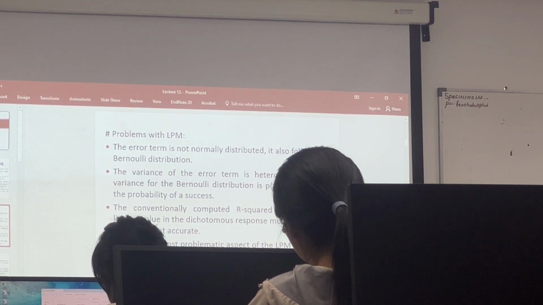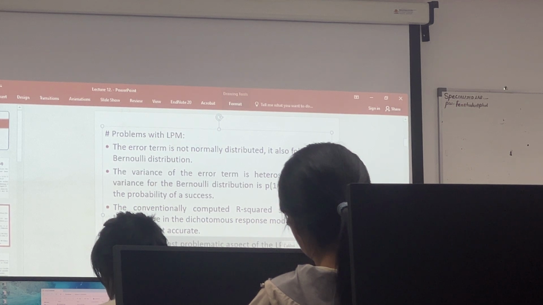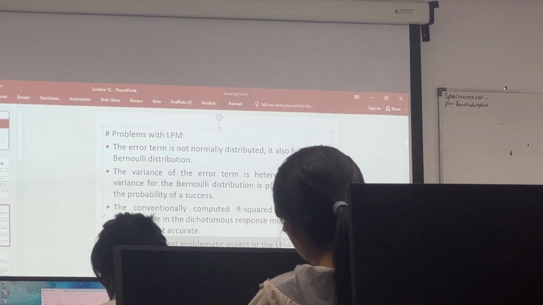One way around the problem is to assume that all values below 0 and above 1 are actually 0 or 1 respectively. So as a solution, if you get a fitted value less than 0, you just assume it is 0. If you get a value greater than 1, just assume it is 1.